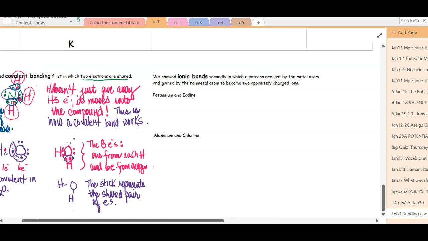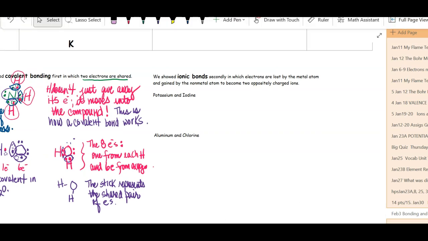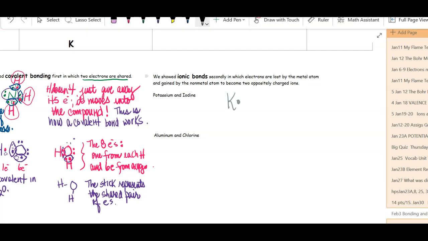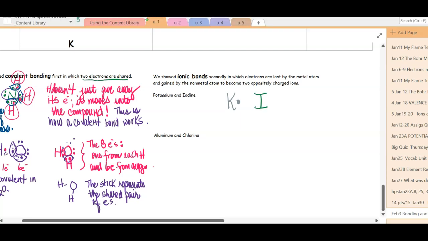Oh, well, this is kind of different. So let's put potassium and iodine. Wait, that didn't look good, did it? All right.